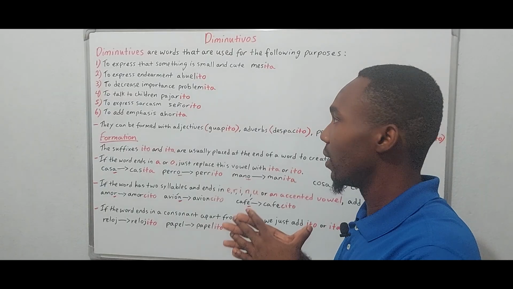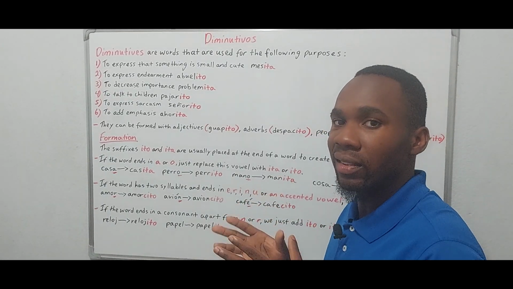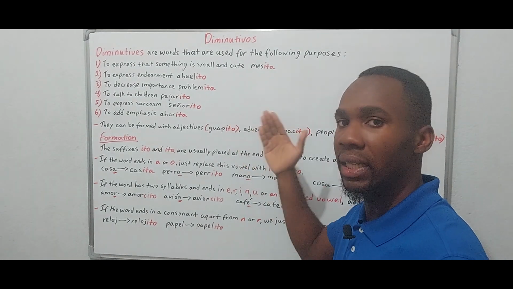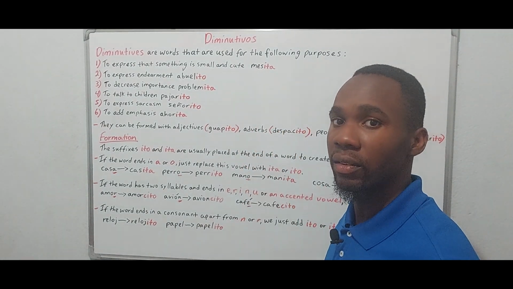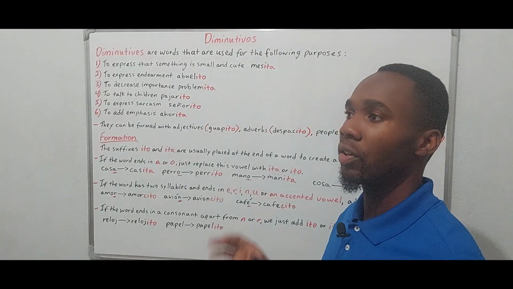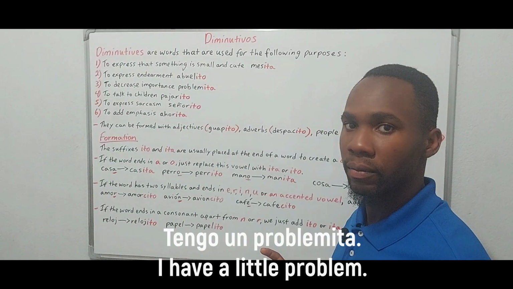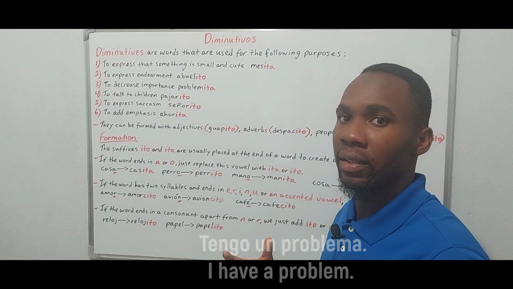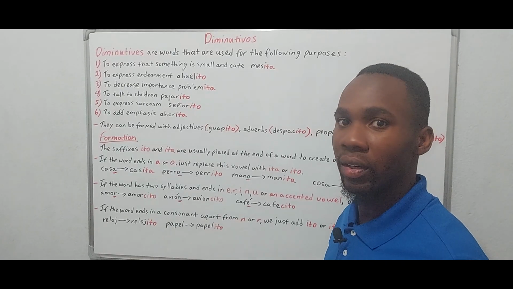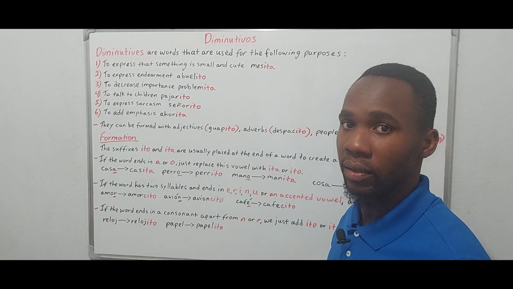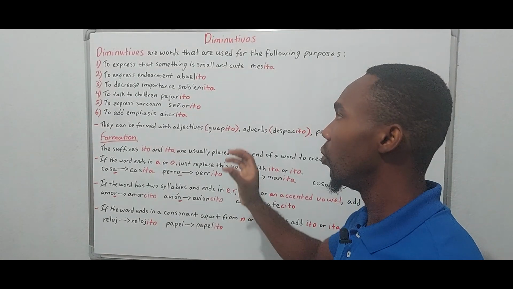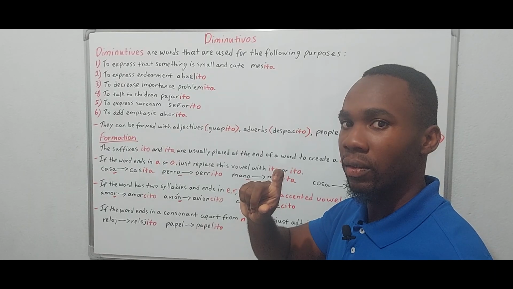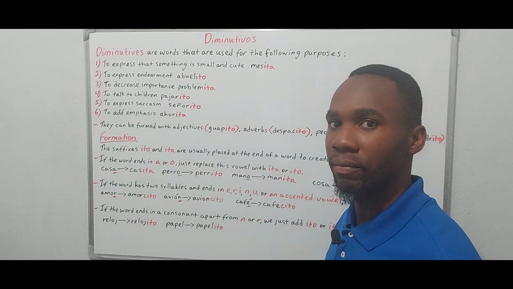When we add ita, we are saying this is a little problem, even if it is a big problem, but using problemita reduces the seriousness of that particular problem. Tengo un problemita versus tengo un problema. So problemita suggests that the problem is not that serious. It's not a big deal, right? So you see how morphology affects meaning.